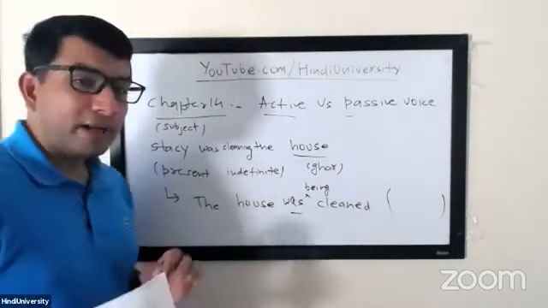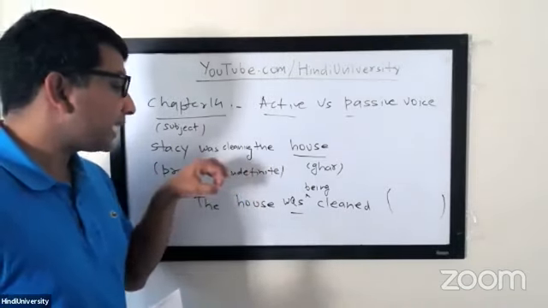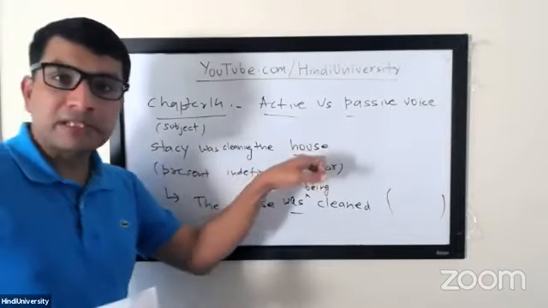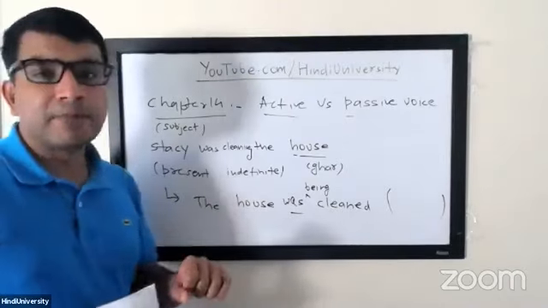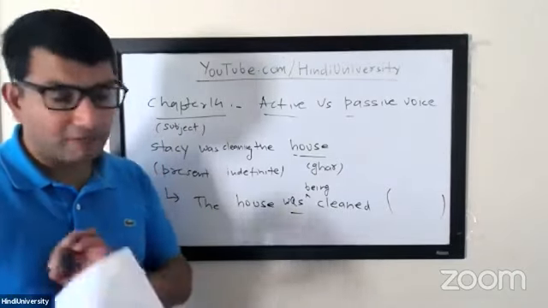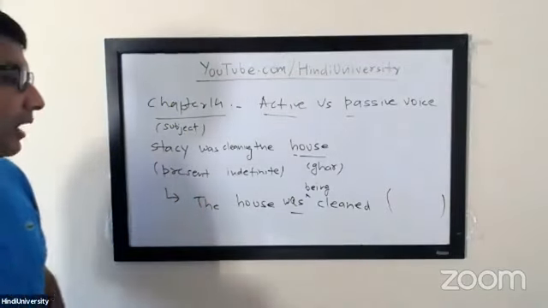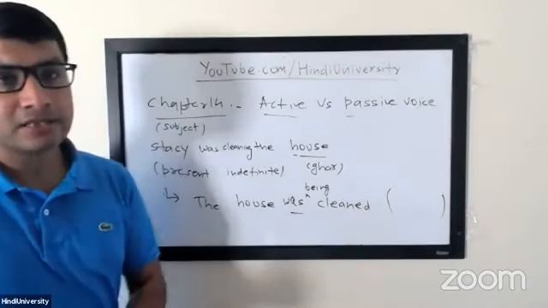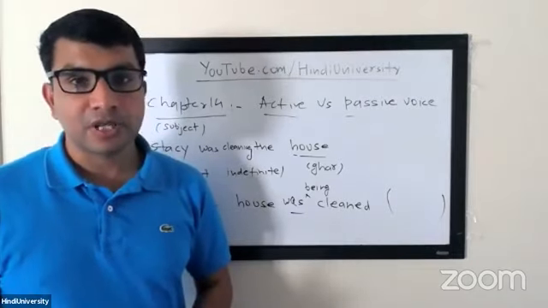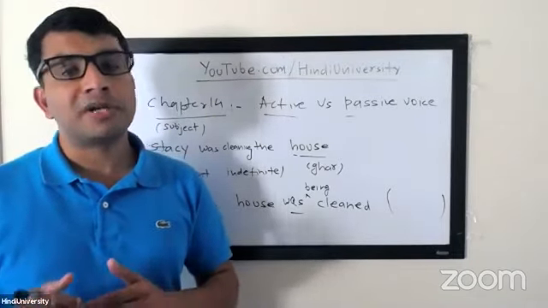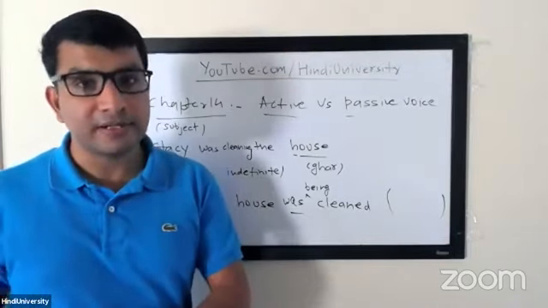The point is that there are different cases and tenses where the subject may be performing the action, and accordingly you will say the passive case, in whichever language you are working on. So we'll start our journey with very simple cases in the present indefinite, and then gradually move towards present continuous, then past indefinite, past continuous, and then future indefinite.